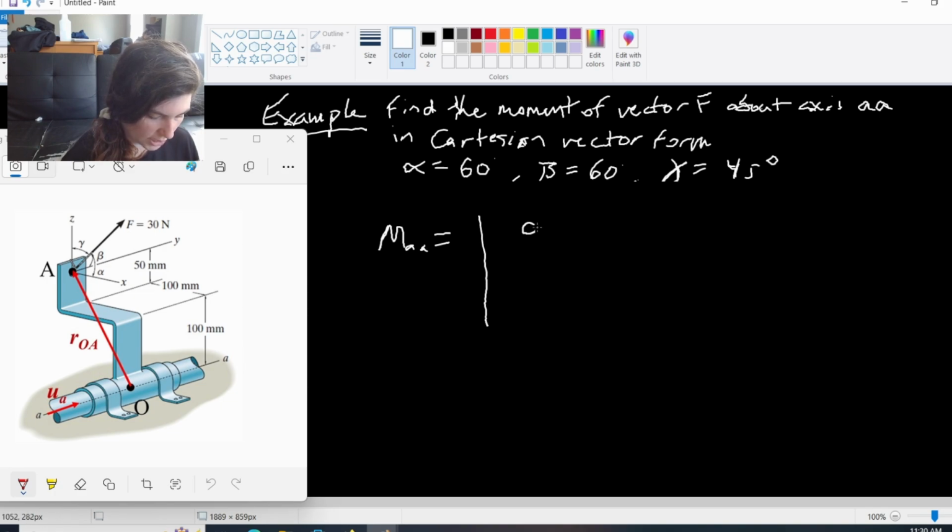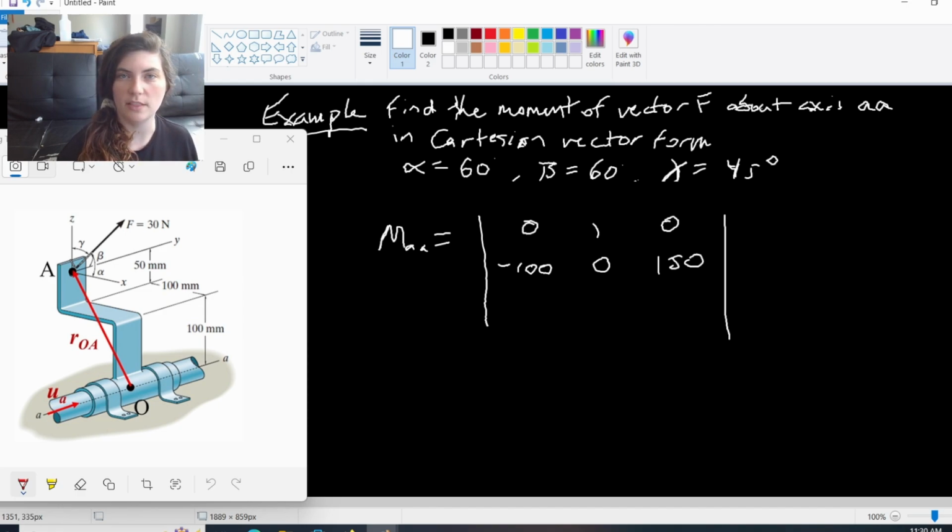So we said it was j hat, so 0, 1, 0. Then our position vector was negative 100, 0, 150. And then our force vector, if I multiply out that 30 cosine 60, I get 15, 15, and then the last one was 30 cosine 45. That gives me 21.2.